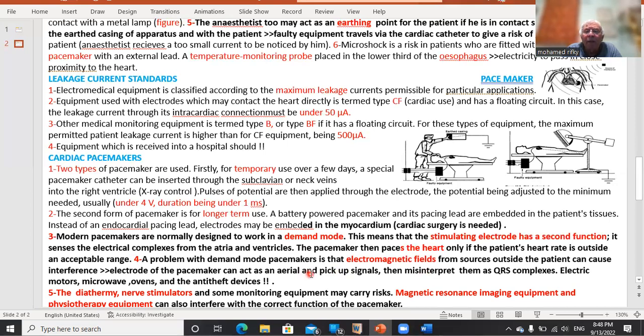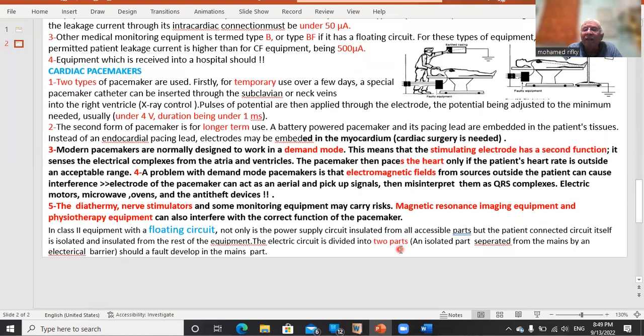And, as we said before, nerve stimulators, magnetic resonance imaging and equipment for physiotherapy are all factors that may interrupt or deceive the demand type pacemaker.